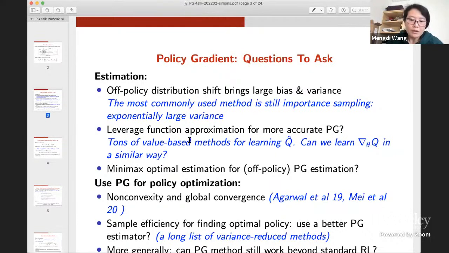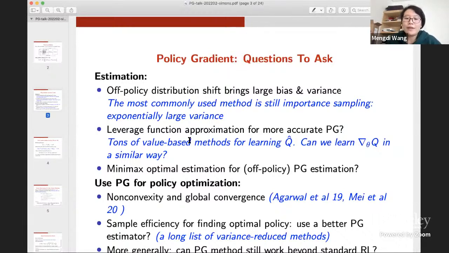Further, we wish to leverage function approximation for policy gradient estimation. There are tons of value-based methods for approximating value functions and Q functions. So one naturally asks, is it possible to learn the gradient of Q in a way that's similar to learning the Q function itself? Can we use the idea of value function approximation for estimating policy gradient?